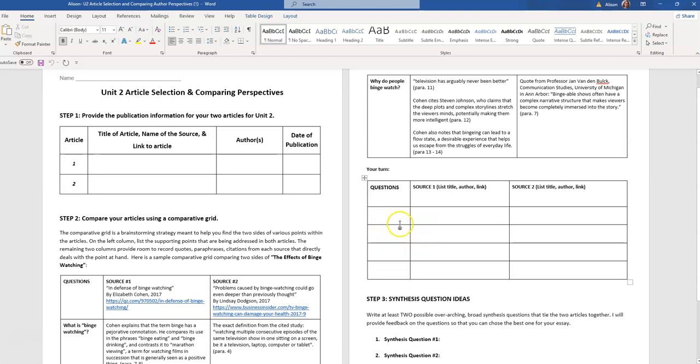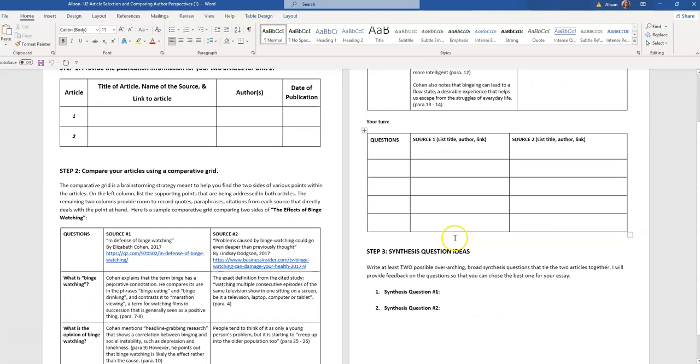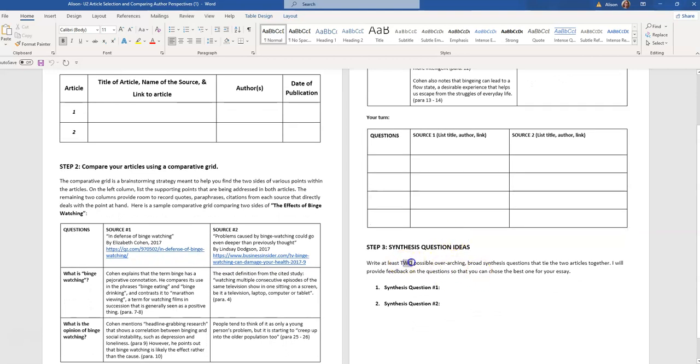Okay, and the reason for that is because after you take your notes, you're going to need to come up with 2 possible synthesis questions that tie the 2 articles together. So the questions here are more like the detailed questions. What's going on in the article? These are more like the big idea questions, okay? So what are the big ideas being explored in these 2 articles?